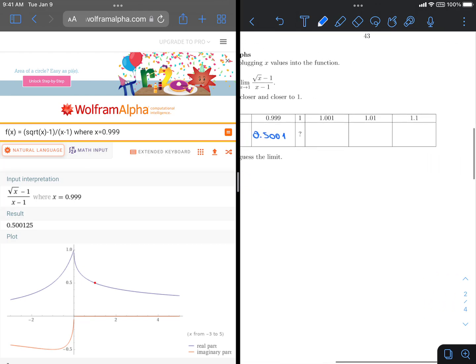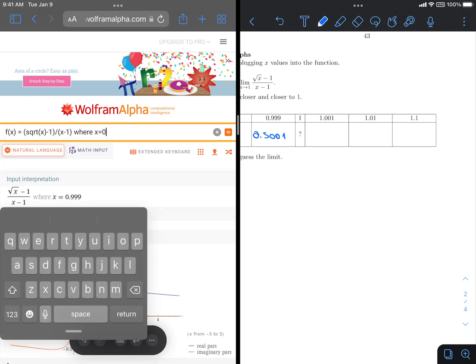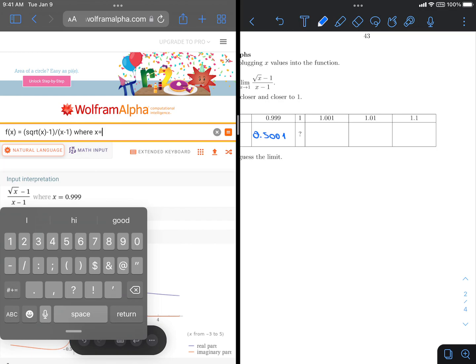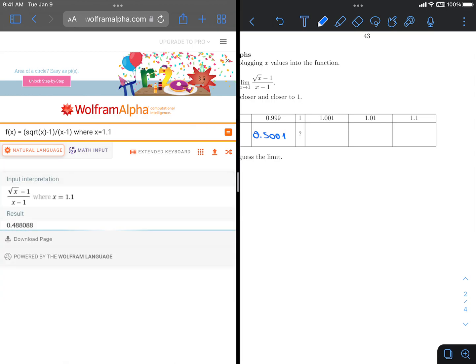And let's try with x values that are bigger than 1. So let's try from the right to the left now. 1.1, let's say. Let's start with that. So let's say 0.488.